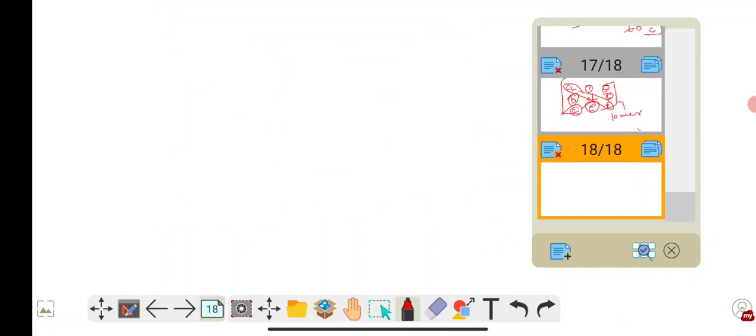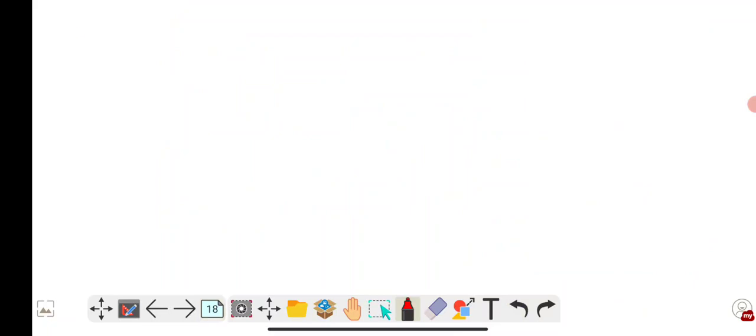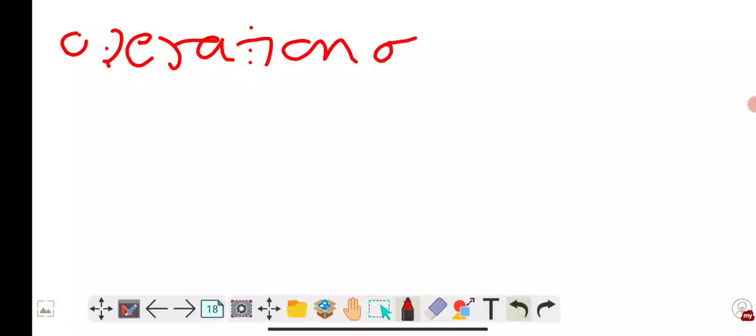Now let's move towards the operations of matrix.